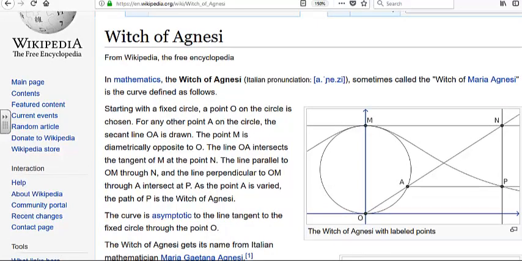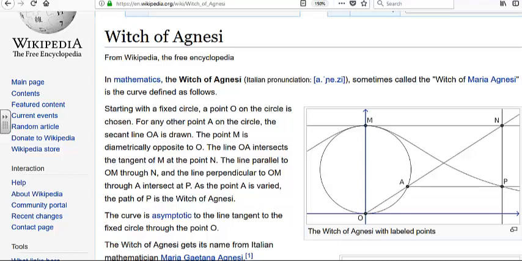So it's kind of an interesting concept, just figuring out what the heck they're talking about. Starting with a fixed circle, a point O on the circle is chosen. Okay. For any point A on the circle, the secant line OA is drawn. Okay.